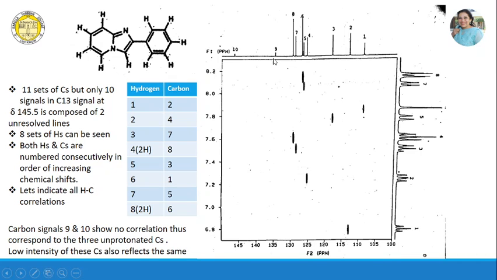If you remember, when we spoke about heteronuclear NOE, we talked about how if the number of protons directly attached to carbons is more, then the cross polarization transfer is more. Since there are no protons attached, the intensity of 9 and 10 is less.